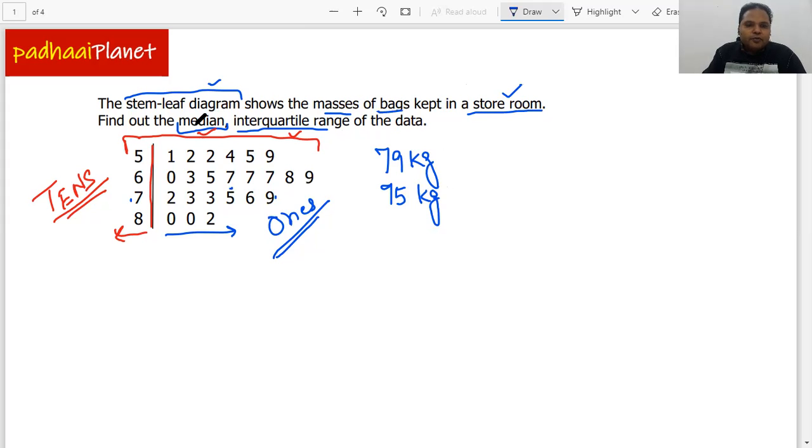Now, we need to find the median of this diagram. Before we start with the median, we need to clearly observe that the data given here needs to be in some order.